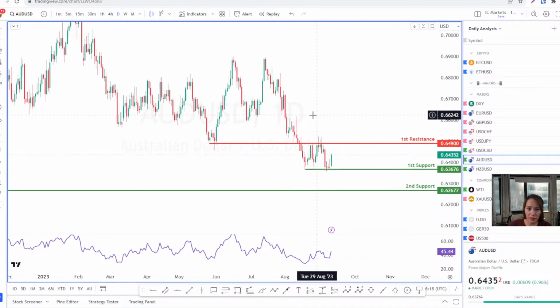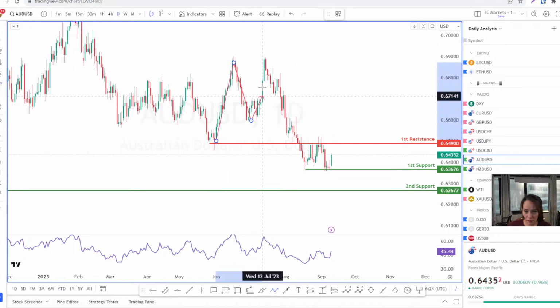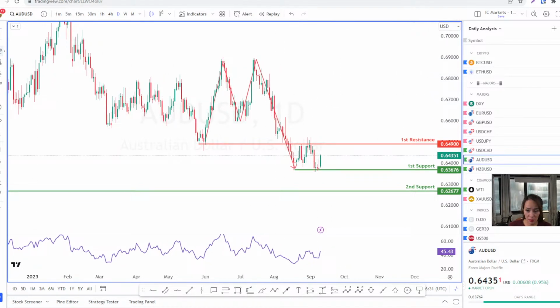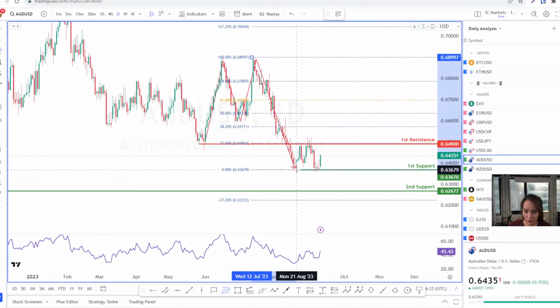Then this could be my second support. What we can see here in the daily time frame is that price makes a double top, right? Yes, a double top here. If I want to sell, you draw support and Fibonacci, it retraces here at 23.6%, and then price tries to break above and gets some rejection.